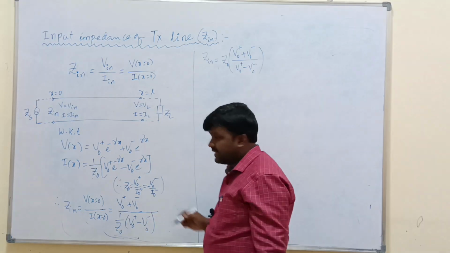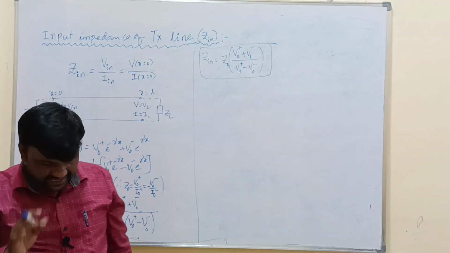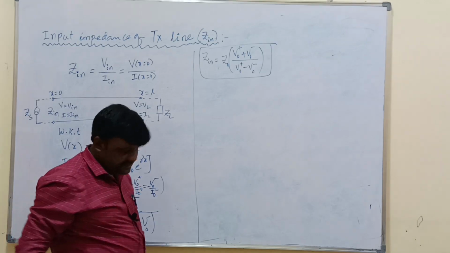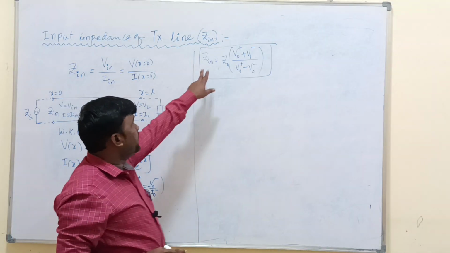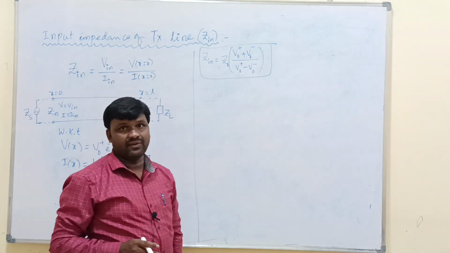So this is the Zin expression. In order to derive Zin, we need to determine V naught plus and V naught minus.